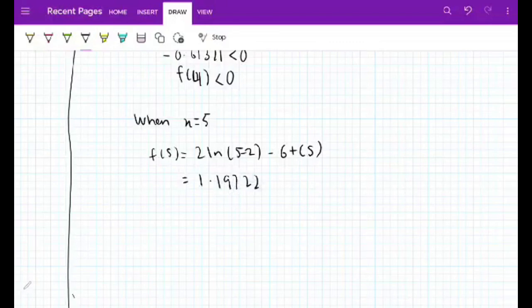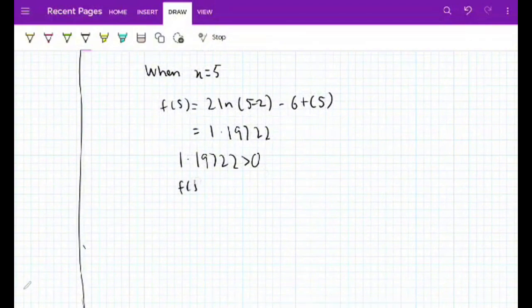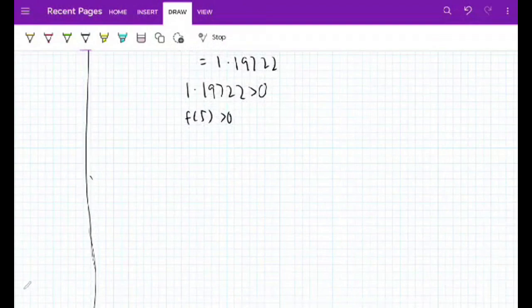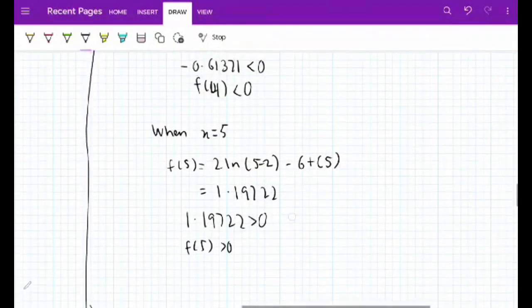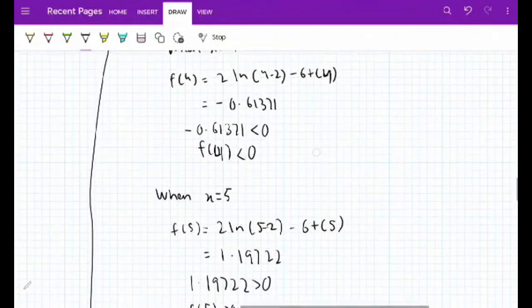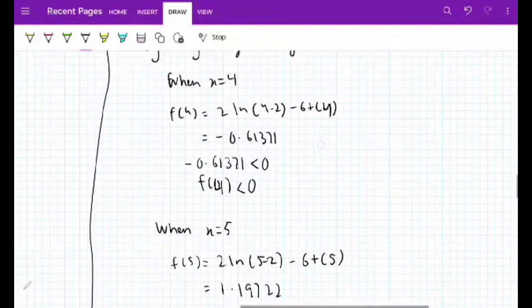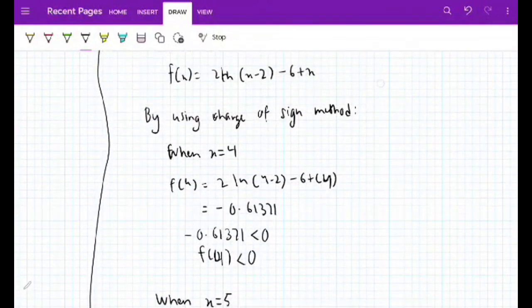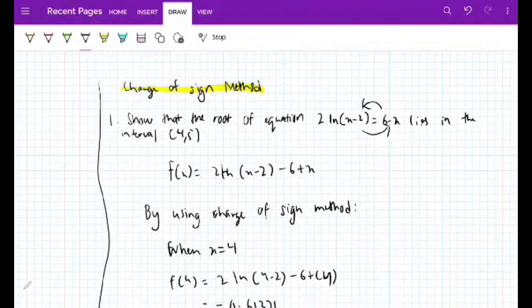So it's a positive value. Next, we make our statement as well: 1.19722 is more than 0, thus f(5) is bigger than 0. As we know here, one value is positive and another one is negative, so it is true that the root is in the interval of 4 and 5.